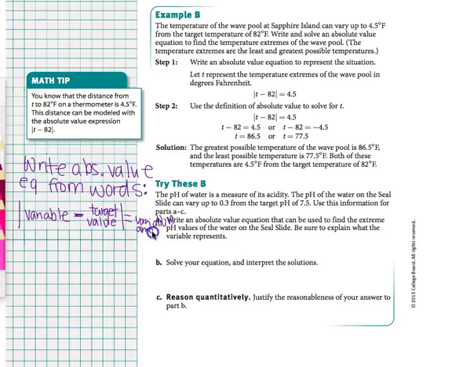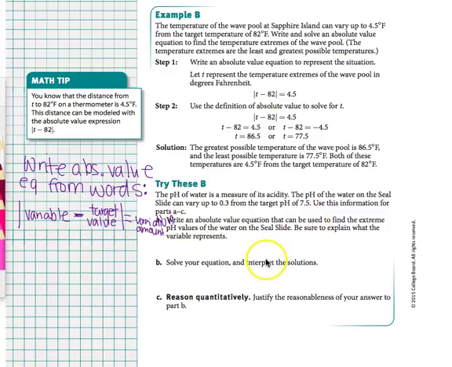So when I look at this situation here and try these B, it says the pH of water is the measure of its acidity. pH of the water on the seal slide can vary up to 0.3 from the target pH of 7.5. Use this information for parts A through C. We're going to write an absolute value.